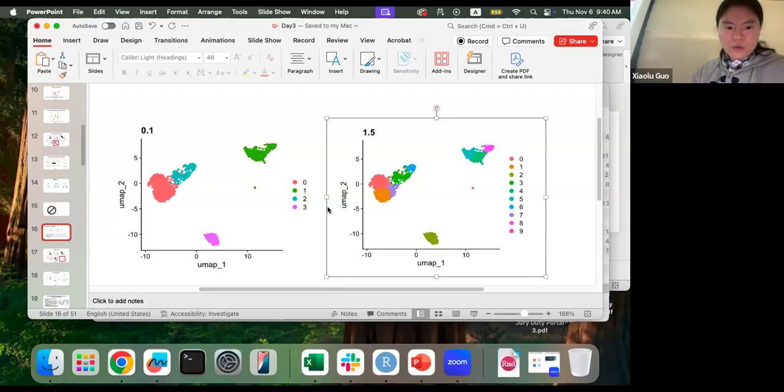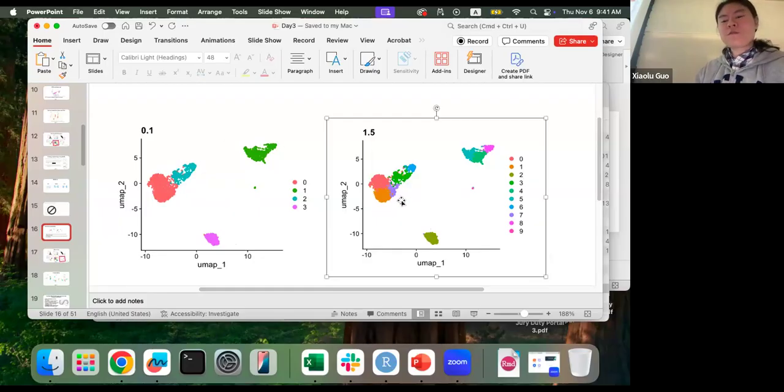What I want to mention is that how many clusters you want to define depends on your purpose. For example, if you only care about the resolution at which you can distinguish cancer cells versus B cells versus T cells versus other cells, this should be sufficient.